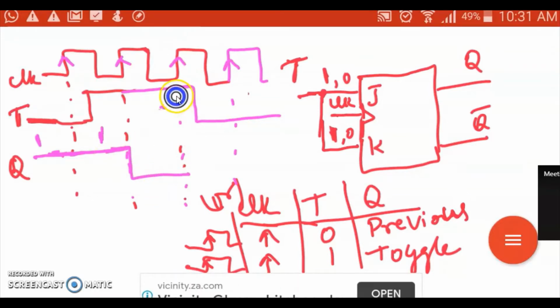Now again 1. 1 means toggle. Already it is 0, so now it will change to 1 till the next positive edge of the clock. Before that, the input here is 0. 0 means previous state, retaining the same thing. This is how the T flip-flop will work.